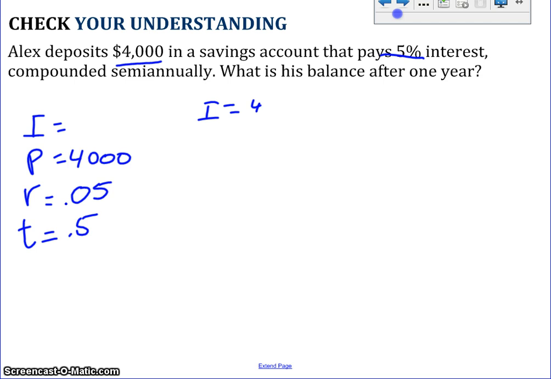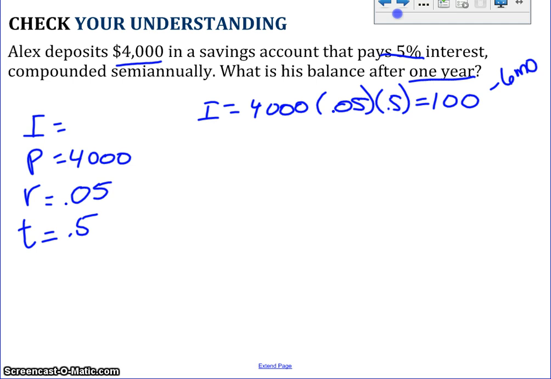So interest equals 4,000 times 0.05 times 0.5, and I get a total of $100. That's after a 6-month period. It wants the balance after a year. So now we've got a new principal, which is the 4,000 plus the 100.